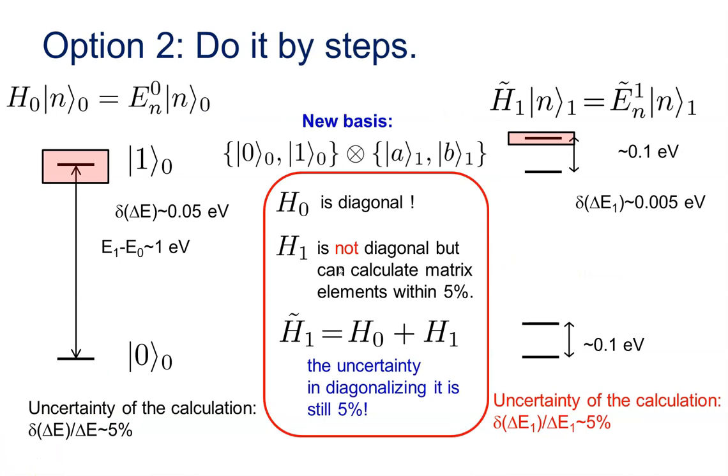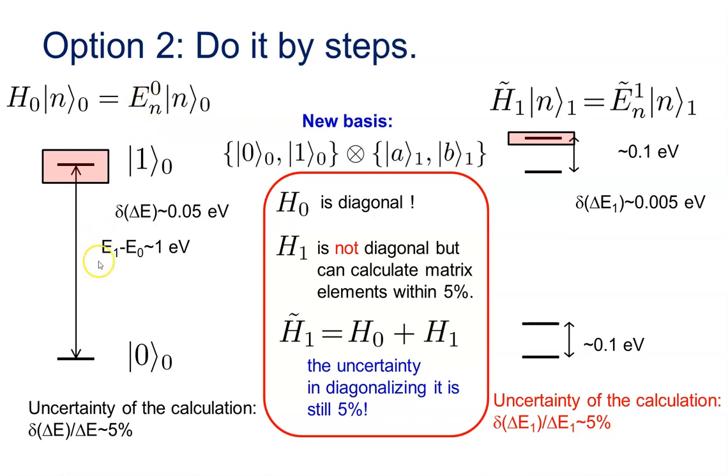What he did is he essentially noticed that the fact that you have this 0.05 here is because you were including the off-diagonal terms in this calculation, and when you plug that into the routine that diagonalizes the matrix, that's what gives you this 5% error. But what if, instead of doing this, you first obtain these states with this energy, and then you rewrite H0 in that basis?